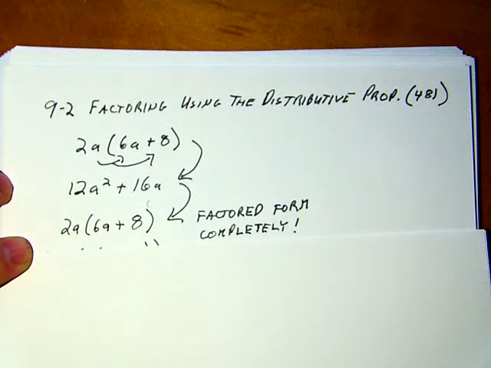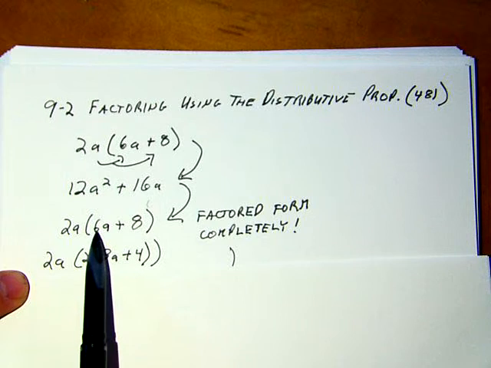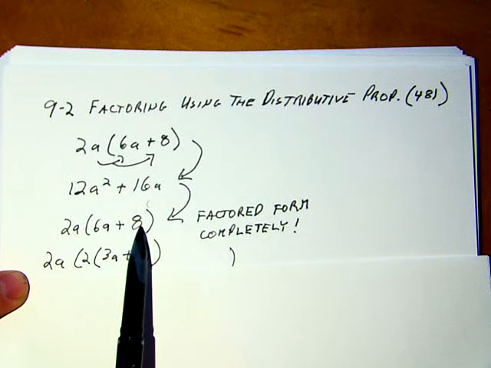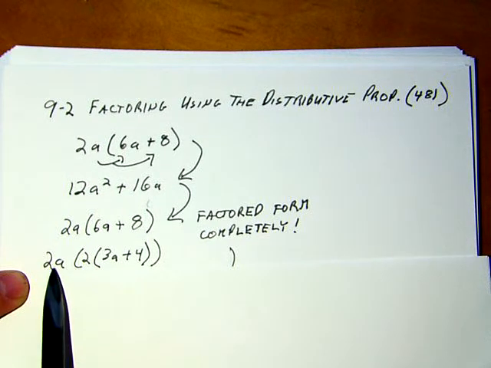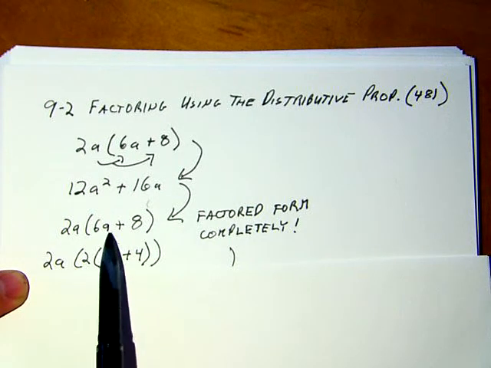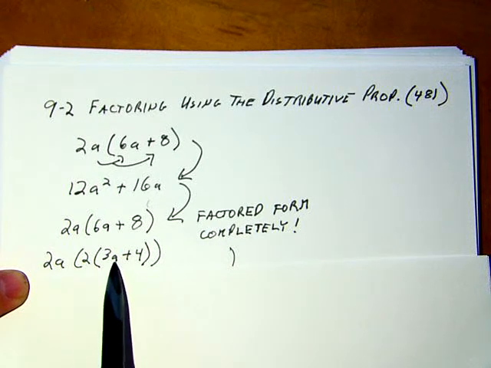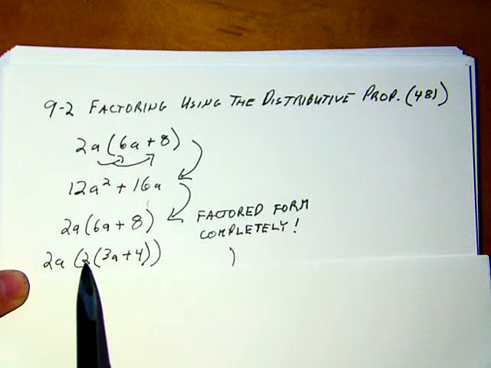If you look at our answer right here, I can still pull a 2 out of the 6a and the 8. So I did that again. I put 2a, open parentheses for the whole 6a plus 8, and I factored a 2 out of it. 6a divided by 2 is 3a, 8 divided by 2 is 4.